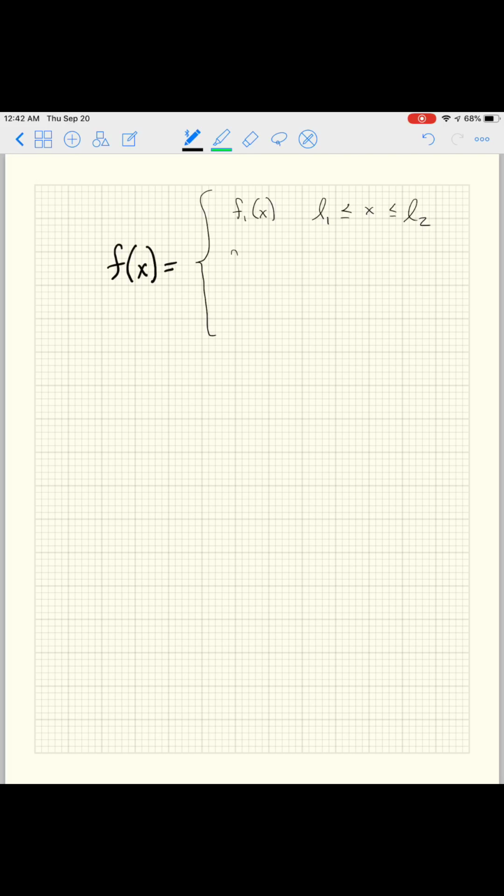Then f2 of x is on the next interval, from L2 all the way up to L3, and then maybe there's a third interval, from L3 up to what we'll just call L4, the lower bound of the fourth interval, even though there's not a fourth interval here. It might be that L1 is minus infinity, and that L4 is infinity. So this is a very generic definition of the way in which a PDF might be cut up into pieces.